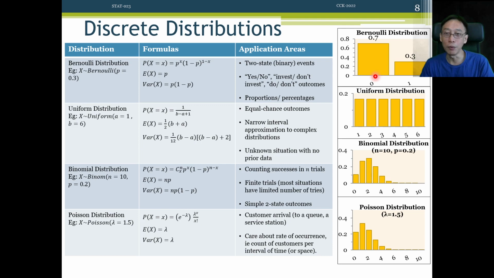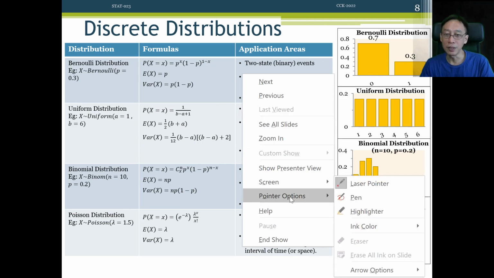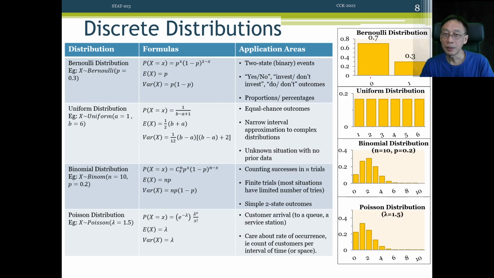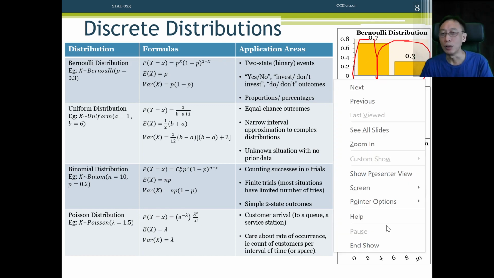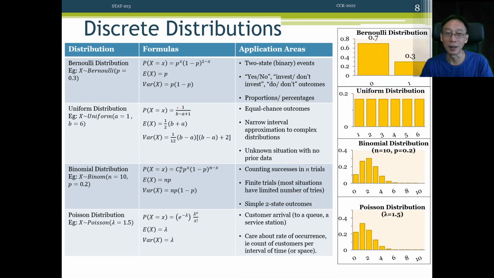And you can see that if you put a pivot somewhere between 0 and 1, around 0.3, maybe here, you'll find that roughly speaking, it looks visually balanced, right? Because there's a big chunk of mass here, and then it is balanced by the other chunk of mass here. So the exact balancing point is the expected value positioned on the x-axis, and that's p.